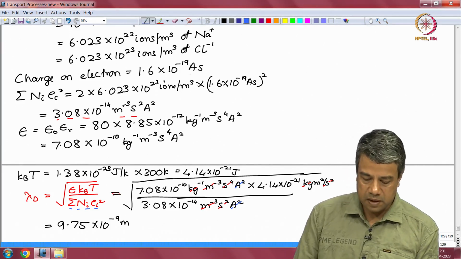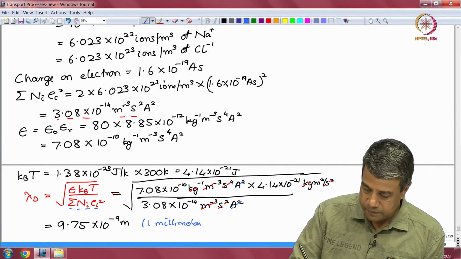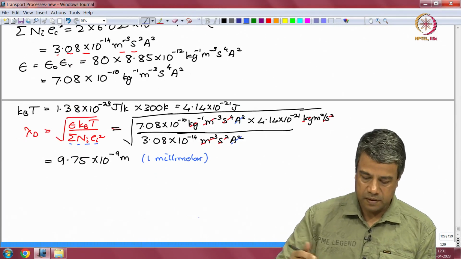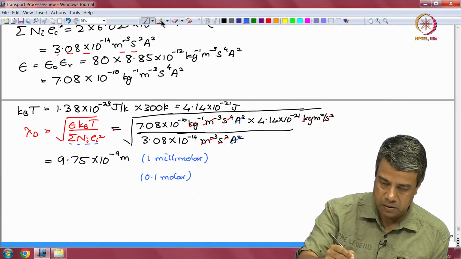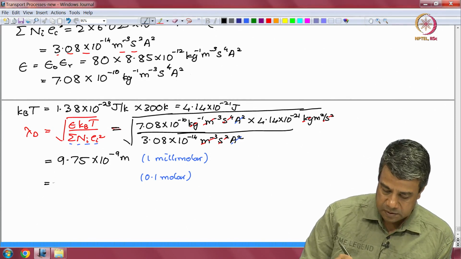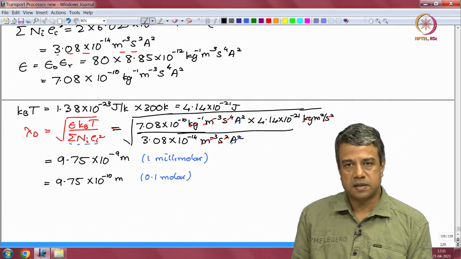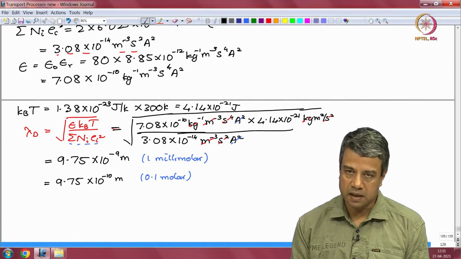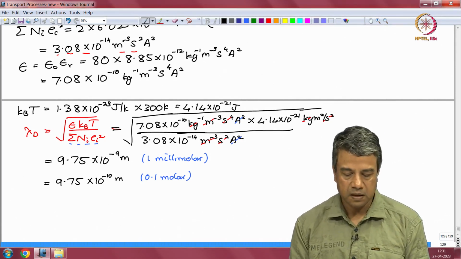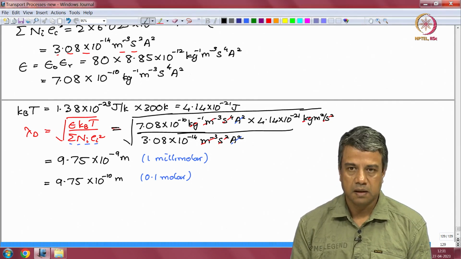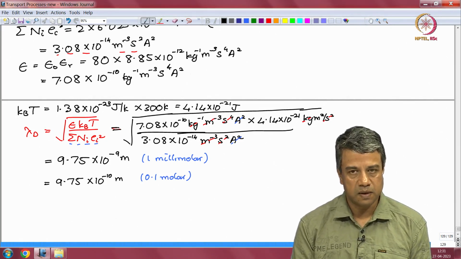So for 1 millimolar you get a Debye length of 10 power minus 8, and for 0.1 molar this will be lower by a factor of 10. So this will be equal to 9.75 into 10 power minus 10 meters. So if I increase n by a factor of 100, lambda will decrease by a factor of 1 over square root of 100, which is 1 over 10. So that is the Debye length. It varies between 1 nanometer and 10 nanometers approximately for 0.1 to 1 millimolar solutions.